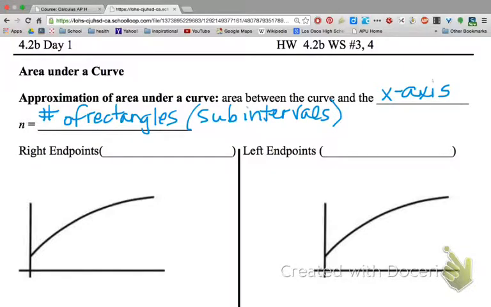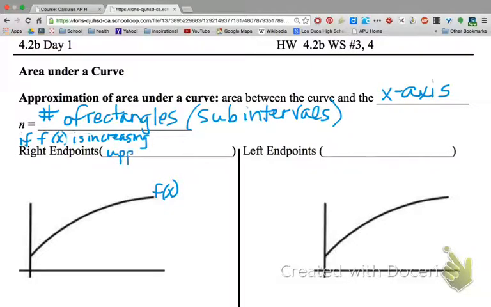And if my function, so here's f of x, my curve, if f of x is increasing like it is, then I'll use the right endpoints and they'll give me an upper sum.